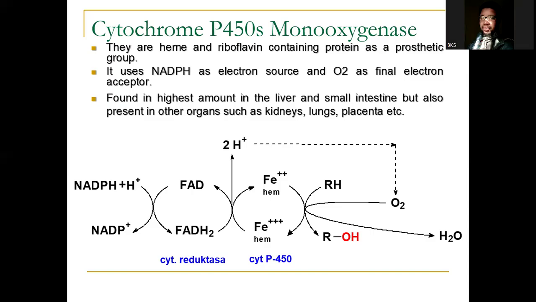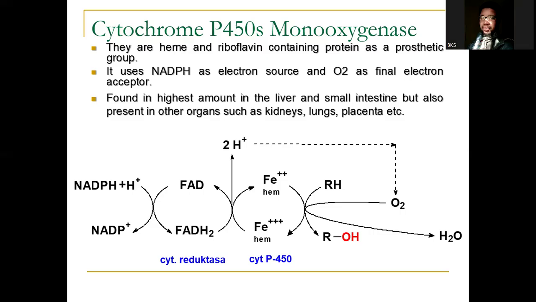the NADPH plus H is the electron source, and it gets oxidized, and the flavin nucleotide will accept these electrons, and then finally the electrons are used to reduce iron from iron 3 to iron 2.